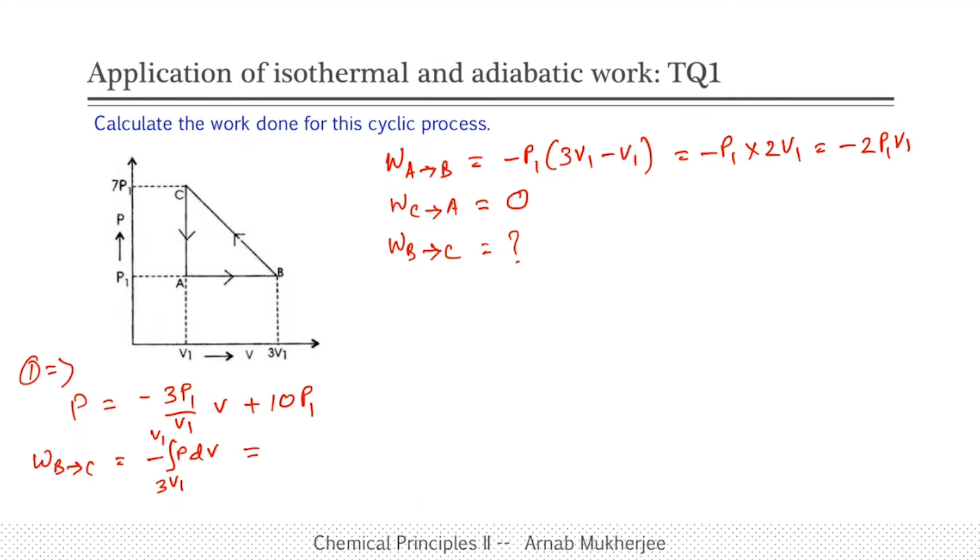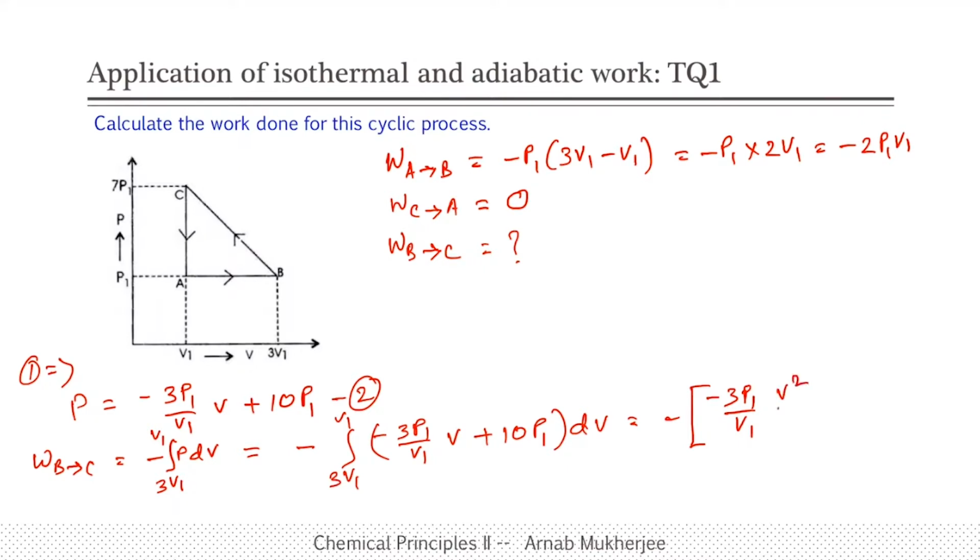Now I am going to substitute P from equation number 2, which is the integral from 3 V1 to V1, with P as minus 3 P1 by V1 into V plus 10 P1, the whole thing dV. This gives us minus, and I will straight away put the bracket, minus 3 P1 by V1 into V square by 2, since the integration of V gives V square by 2, plus 10 P1 into V, going from 3 V1 to V1. Okay.